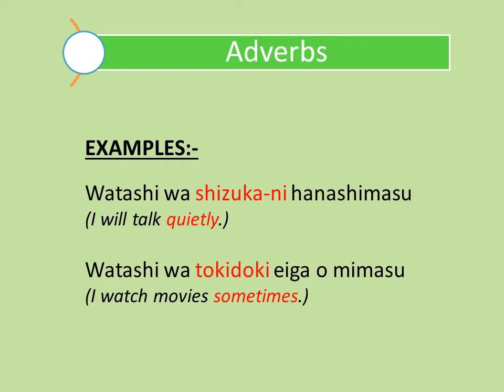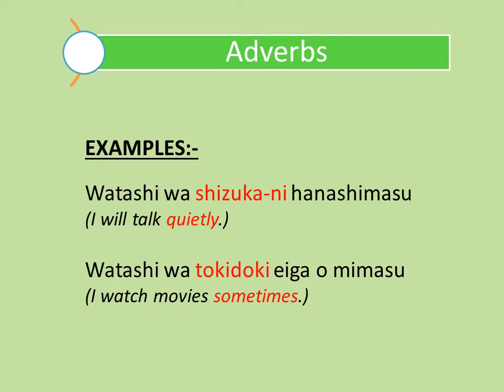Watashi is I, shizuka ni means quietly, hanashimasu means I'll talk in a polite manner. So you will notice shizuka ni is in red, which means it is the adverb. We have made this adverb from the adjective shizuka, which means quiet. So shizuka ni means quietly.